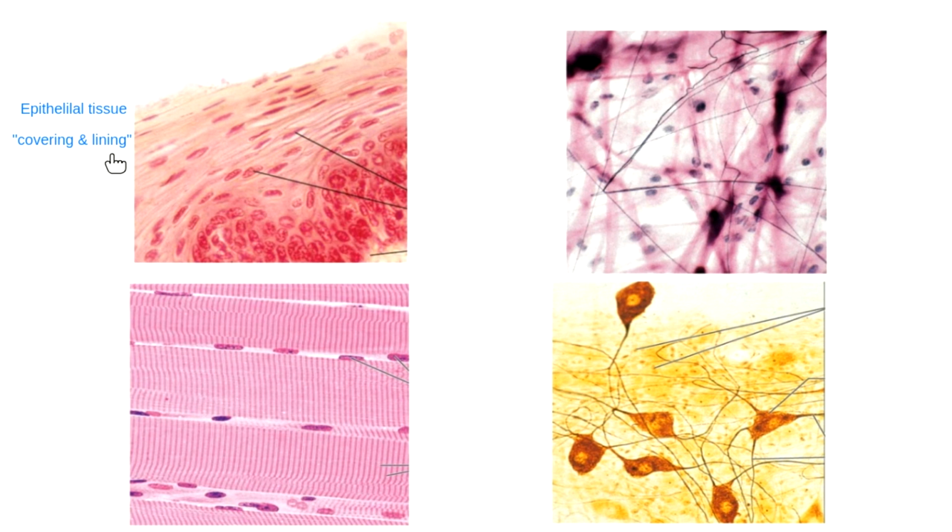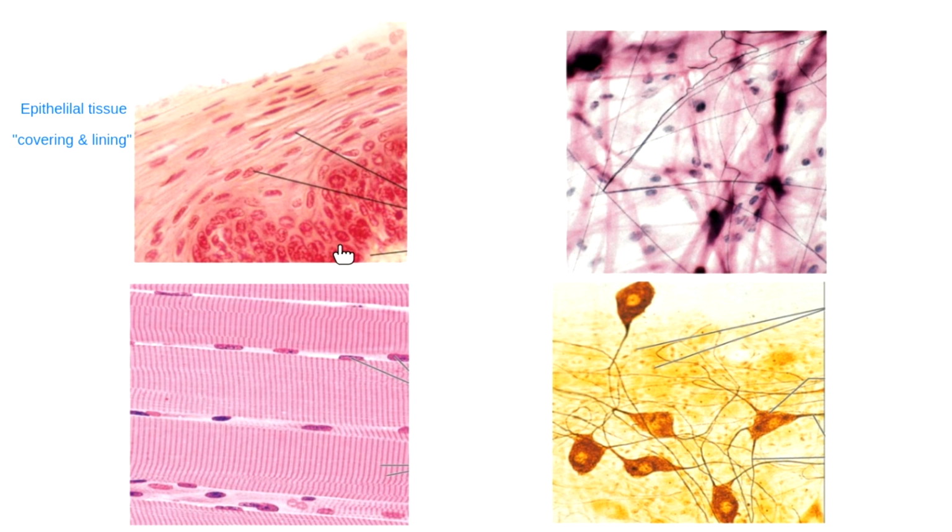So from your mouth all the way through your anus, you've got epithelial tissue that lines that part. You see epithelial tissue lining your thoracic cavity or your abdominal cavity. But epithelial tissue is also what covers the outside of your body. Some characteristics of epithelial tissue: all this space right here that I see, all of this is epithelial tissue.